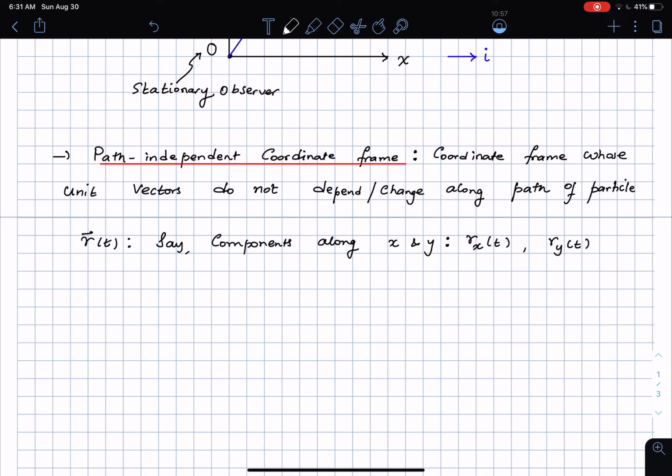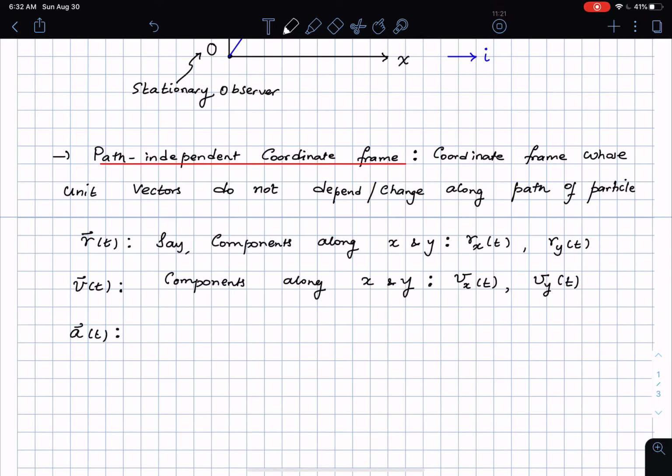Then the velocity vector is also going to have components along the x and the y directions as vx and vy. And the acceleration likewise will have components along the x and the y given as ax of t, ay of t.